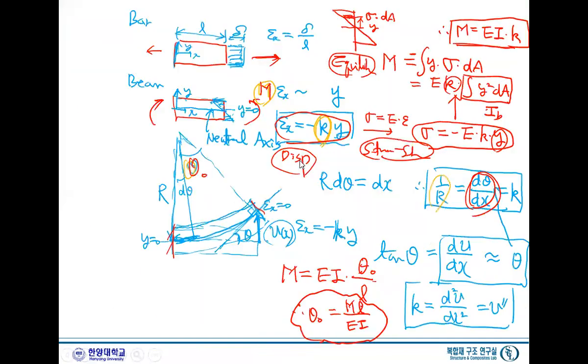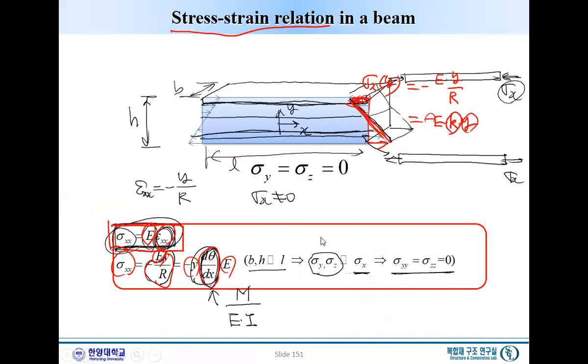So the next step is again very simple. You apply Young's modulus to epsilon x. Epsilon x, we do have this one. So sigma x is E times d theta dx. As I mentioned, 1 over r is d theta dx.